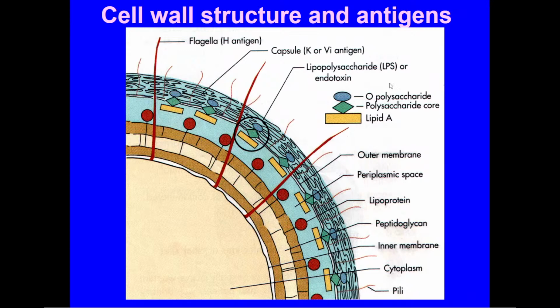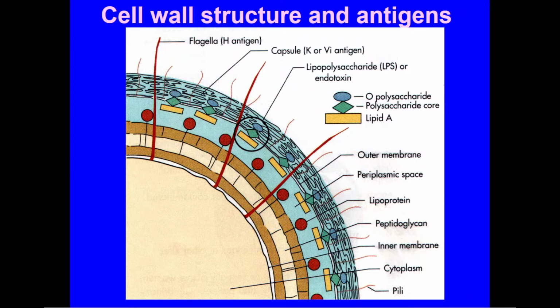We can see a structure that is called lipopolysaccharide, my dears. Do you remember that it consists of three basic groups? The upper part of the LPS is the O somatic antigen. That is the major antigen of gram-negative bacteria.